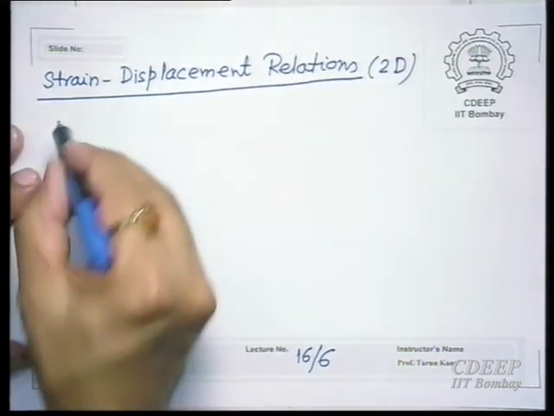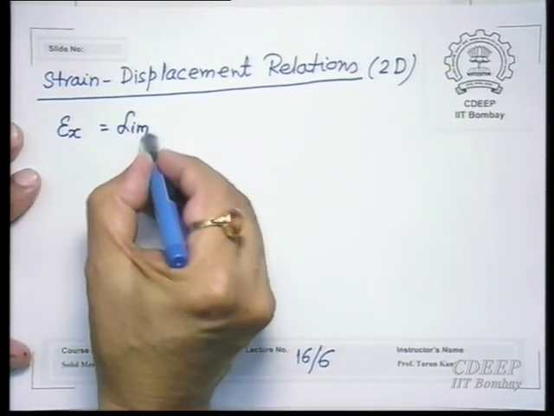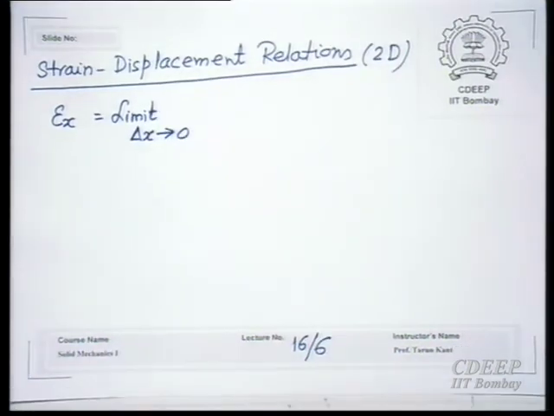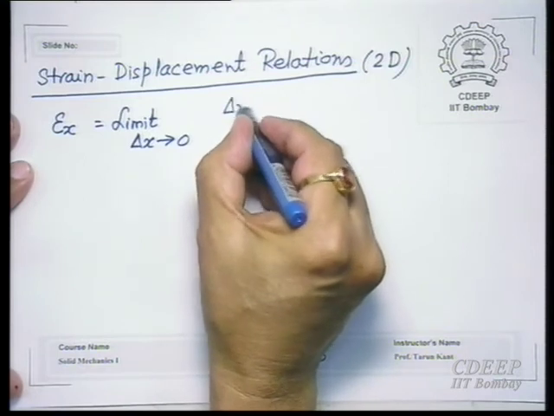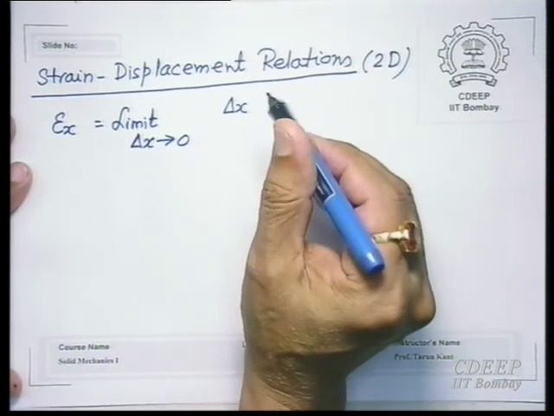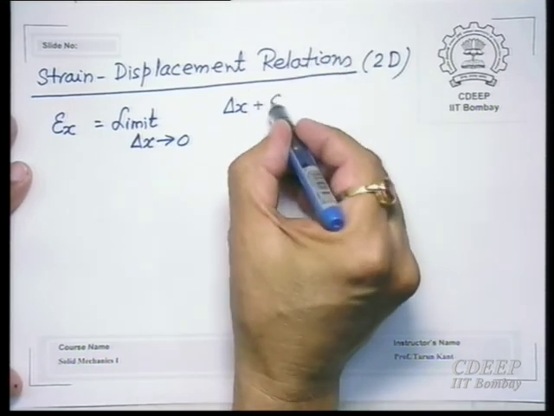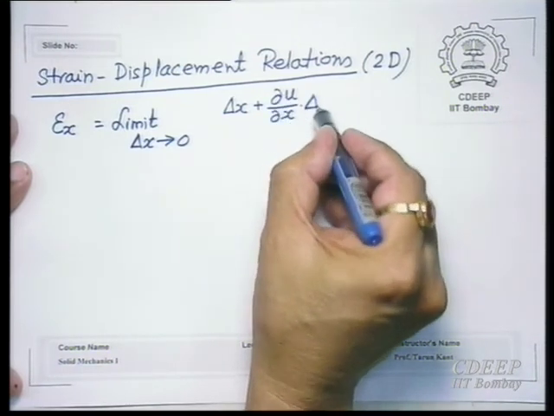So, for example, epsilon x is the limit of a dash b dash minus AB, divided by delta x. What is a dash b dash? The original length of AB was delta x, but in a dash b dash there must be some change. How much is the change? Delta u, the rate of change of u with respect to x into delta x.